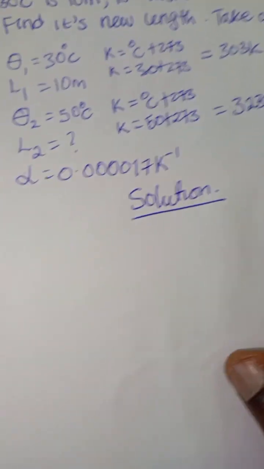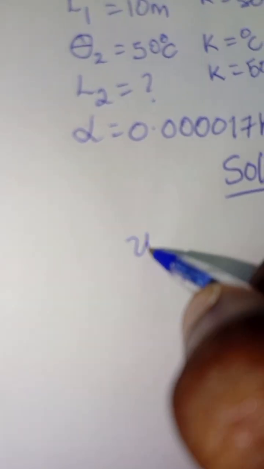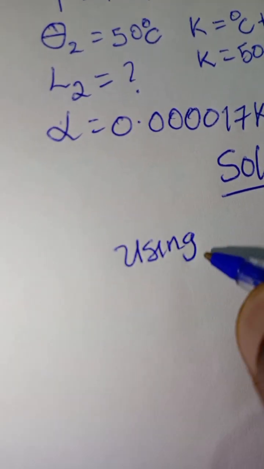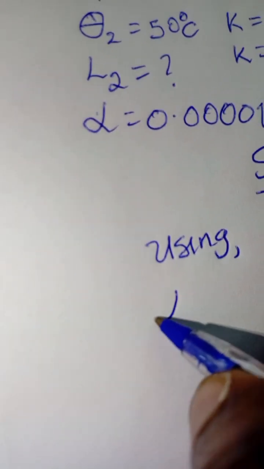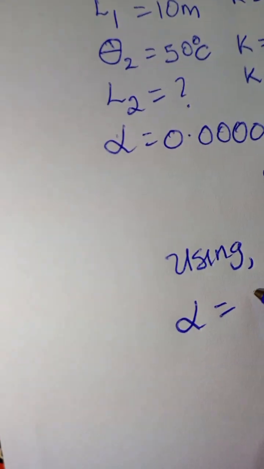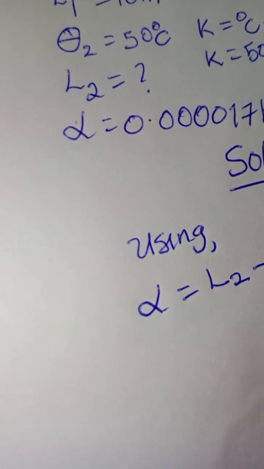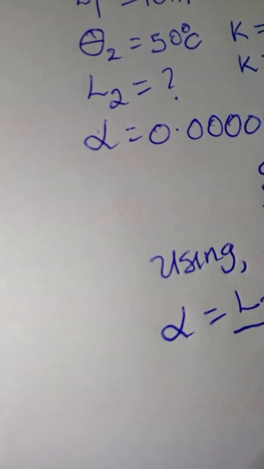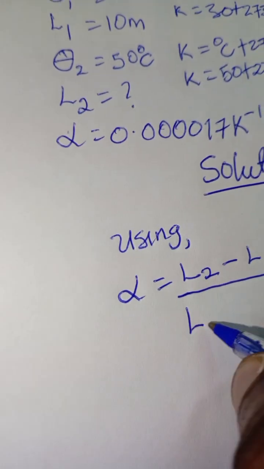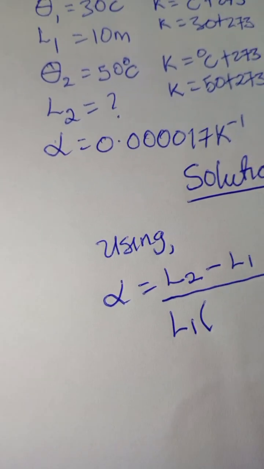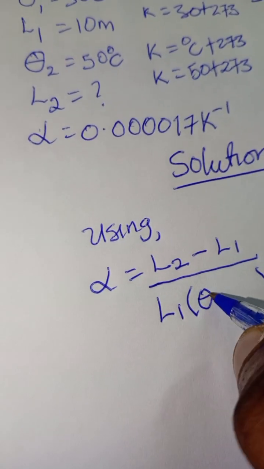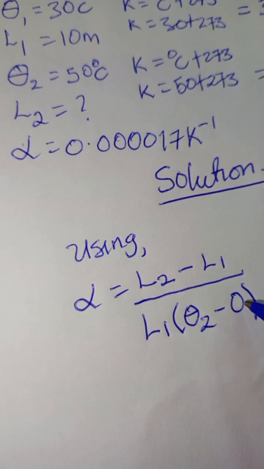Alright, so from here now we are going to use the formula. So using the formula for linear expansivity, where we have linear expansivity is equal to L2 minus L1. Take note of this formula very well, where we have L1 into brackets theta 2 minus theta 1.